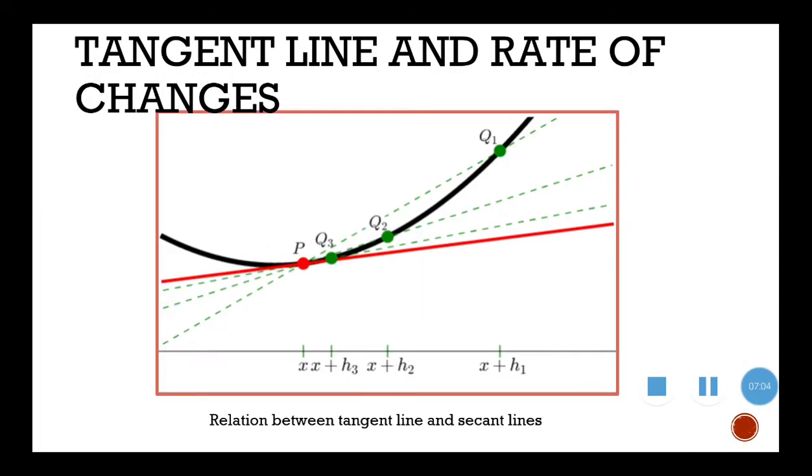Okay, so the dotted green line here is the secant line. What is a secant line again? It is a straight line that joins 2 dots on a function.